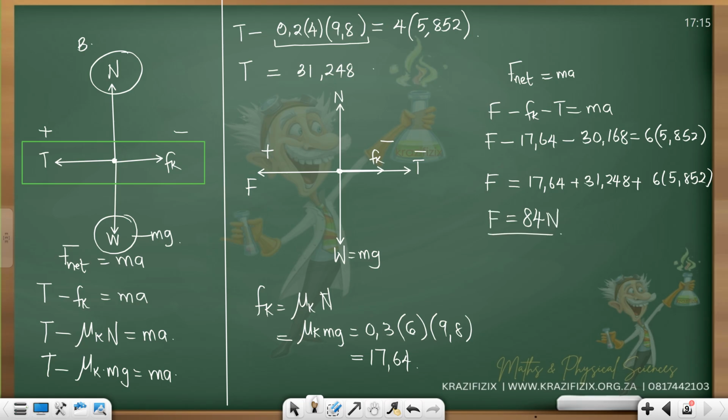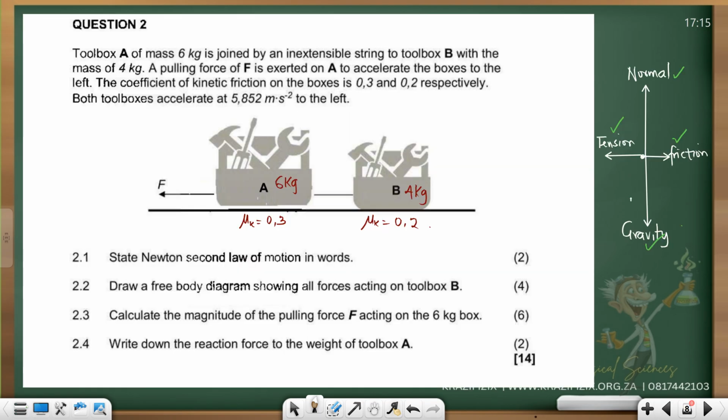Is that agreed on? Thank you. 84 newtons. All right, so that's agreed on. Okay, lovely. Then last one, write down the reaction force of the weight.